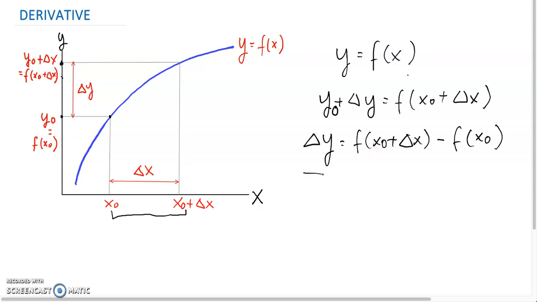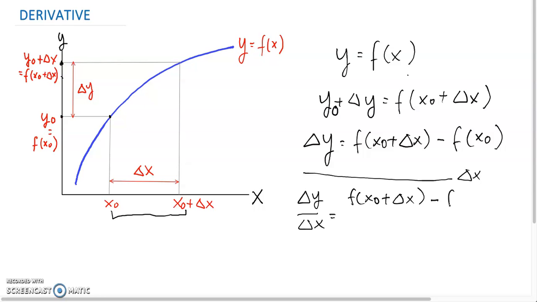And if we divide both sides by delta x, we will have delta y per delta x equal to f(x null plus delta x) minus f(x null), divided by delta x.